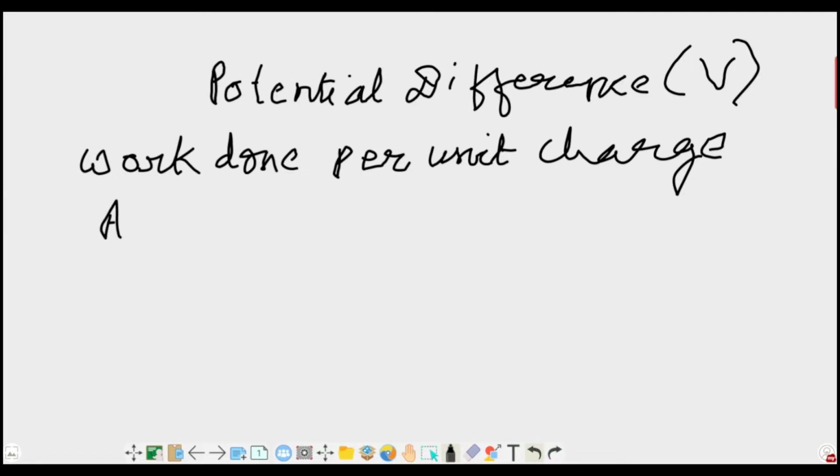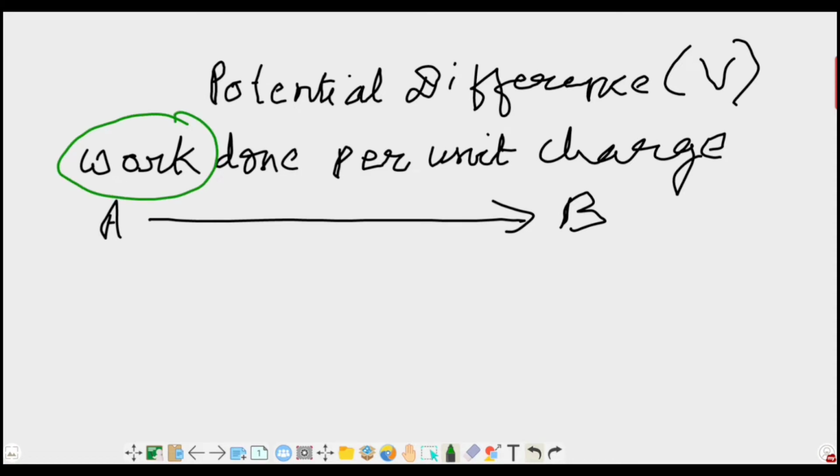Suppose from point A to point B, when you move the test charge, whatever work is done to carry that charge indicates the potential difference.